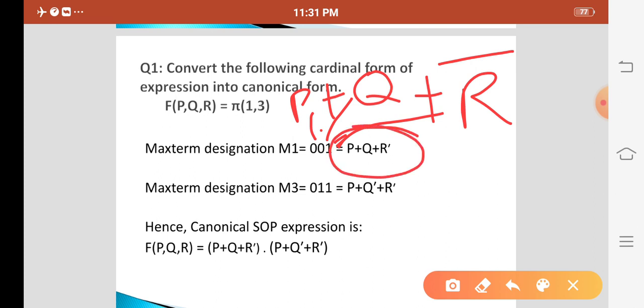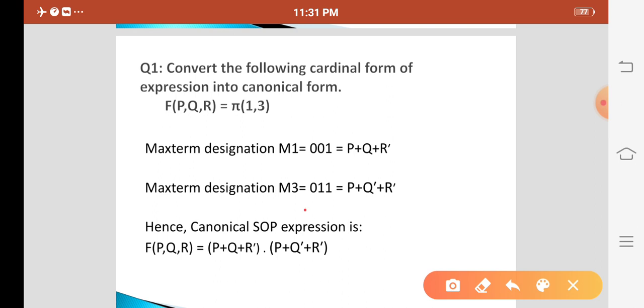In the same way you will generate the second term 011. 011 means p plus q bar plus r bar, and finally you will join these two maxterms together by using product, because canonical SOP, what is it? Canonical SOP is called sum of, sorry, it's canonical POS, not SOP. Just cut it and make it clear.